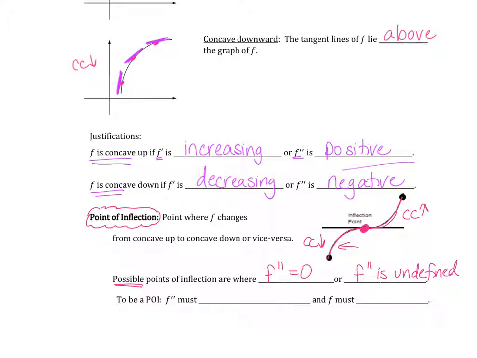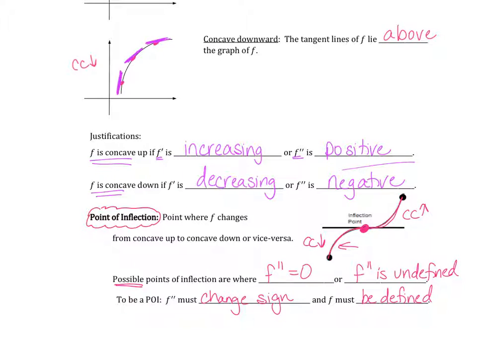But just like with maxes and mins, just because the second derivative equals 0 at a place doesn't mean necessarily that it's a point of inflection. F double prime must change sign. And let me point out again, f must be defined at that point.